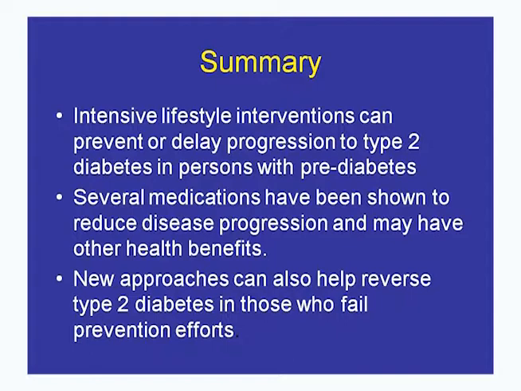We know that there are several medications that have been shown to benefit or reduce the risk of diabetes, but we spoke about metformin as the one that is considered the safest one for use at this time, and is the one that is recommended by the American Diabetes Association for cost and efficacy. That there are new things that we can think about in persons who fall through this net. In other words, if they don't reverse, don't take on the lifestyle, don't manage the medication and get diabetes, it's still not the end.